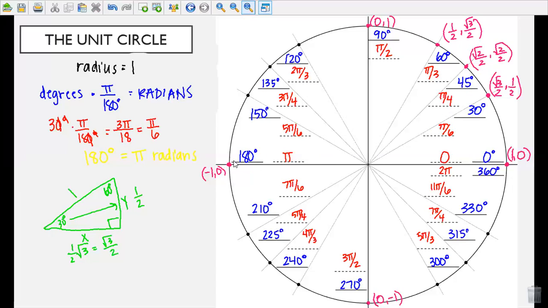So I'm in the negative x's. So that means that this one, instead of being √2 over 2, comma √2 over 2, it's going to be a negative x. So negative √2 over 2, positive √2 over 2. Then if I come down here in quadrant 3, I have negative x and negative y.